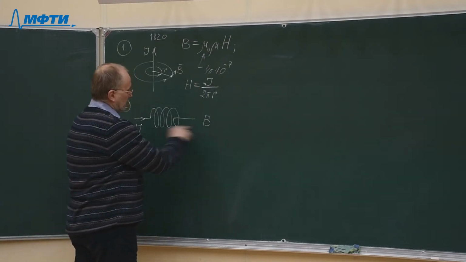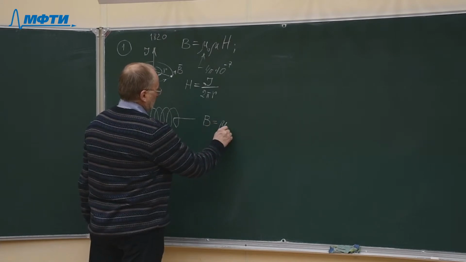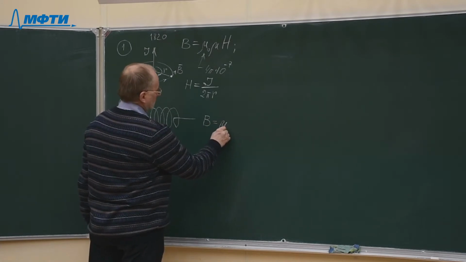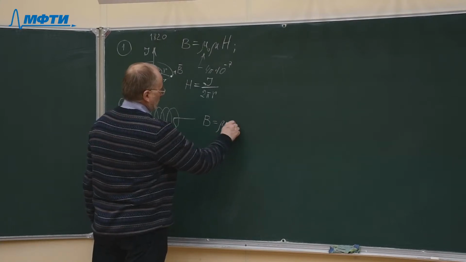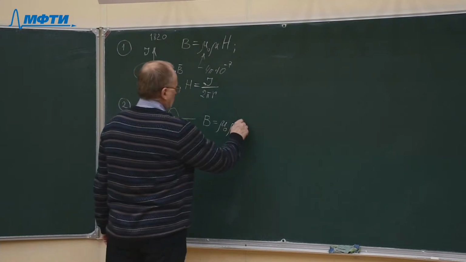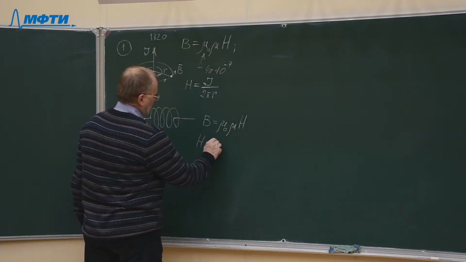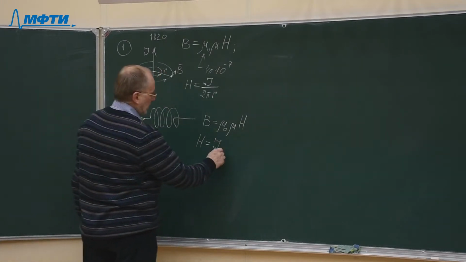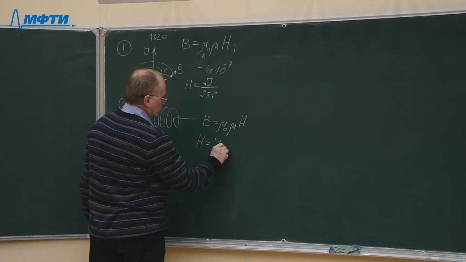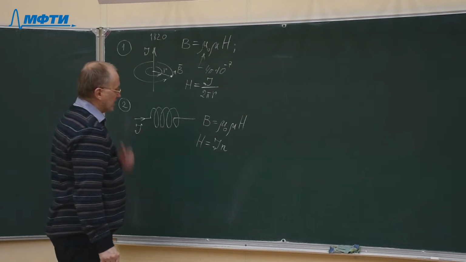the induction of the magnetic field is defined by this formula. Again, mu 0 and mu and h, where h is proportional to the current strength flowing here and directly proportional to the number of wire turns per unit length.